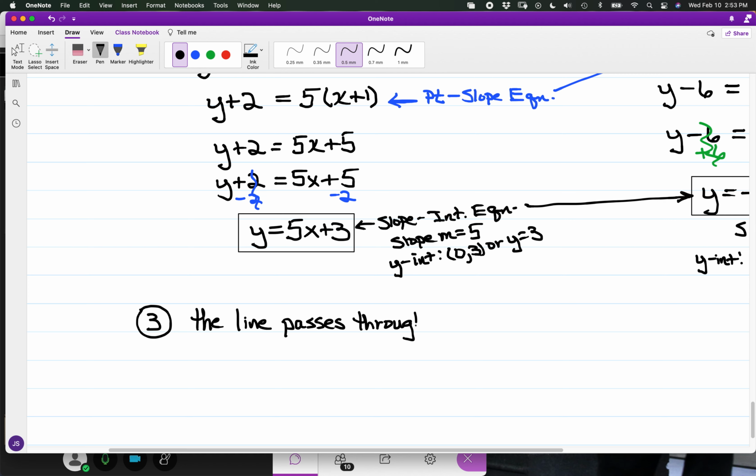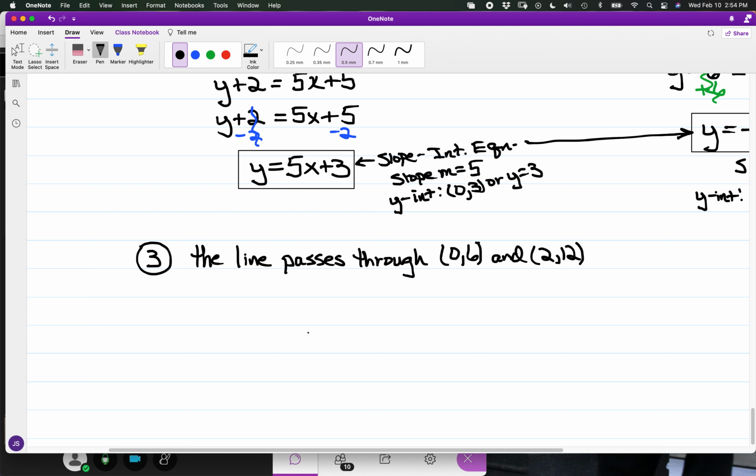We have to pass through (0, 6) and (2, 12). So we have the setup. Now we don't have the slope given, so we have to utilize the ordered pairs we have here. So we have to revert back to the slope formula.